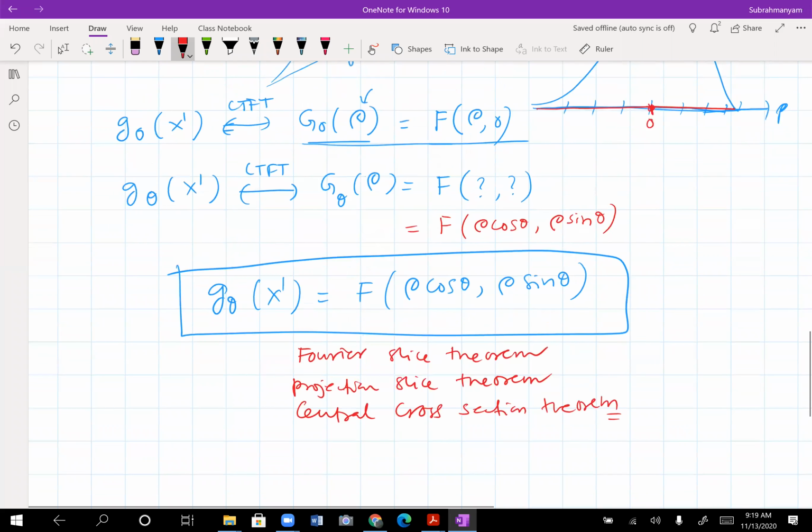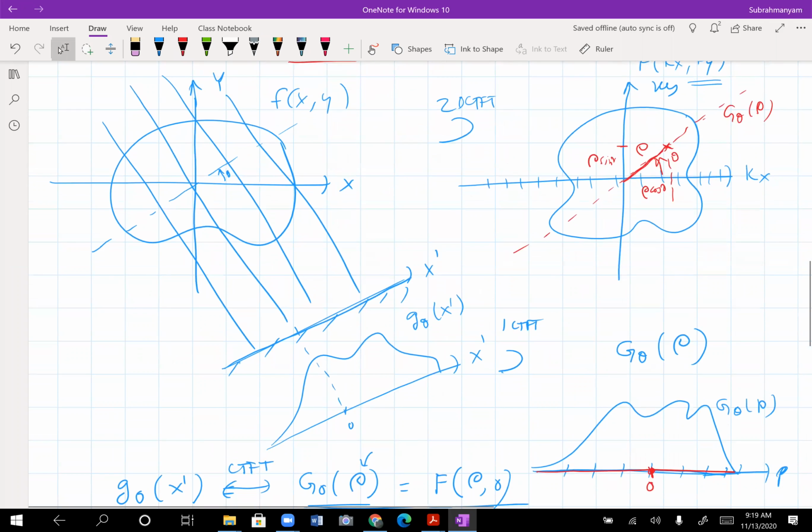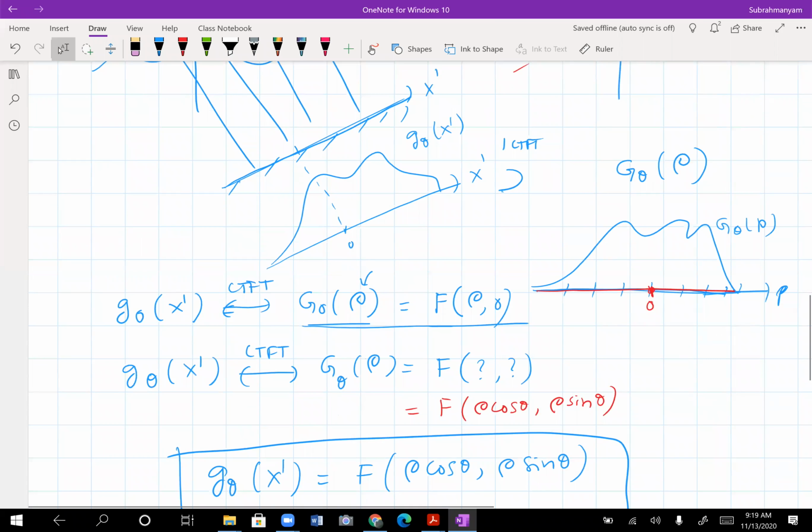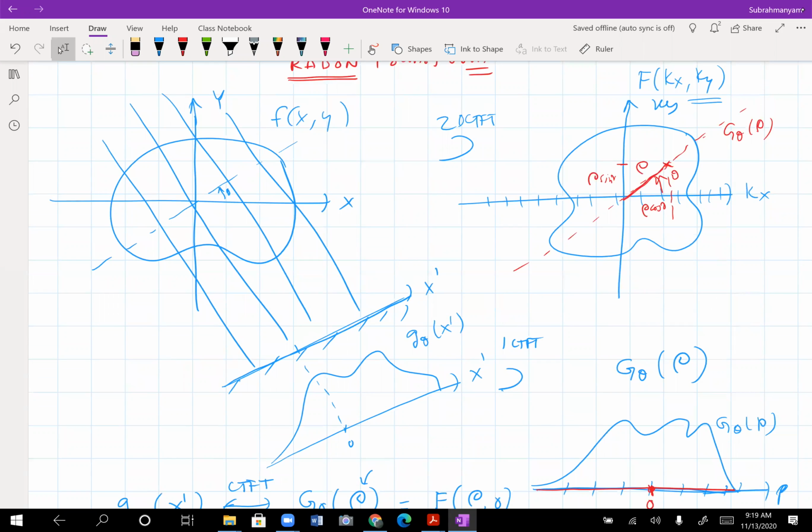Clear? Okay. The way we derived the proof is more of an intuitive nature rather than a rigorous proof. We took a parallel projection across parallel to the y-axis, and that corresponded to ky equal to 0. After that, if you rotate the object, then the Fourier transform also gets rotated.